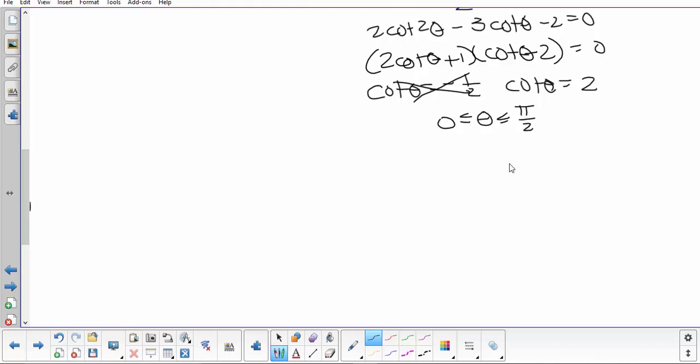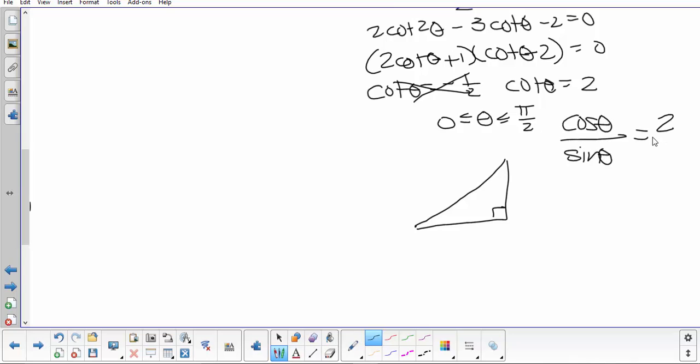So if we draw ourselves a right triangle, cotangent, remember, is cosine of theta over sine of theta. And this equals 2 over 1. So if our theta is here, cosine is the adjacent, sine is the opposite, and now we need to find our hypotenuse.